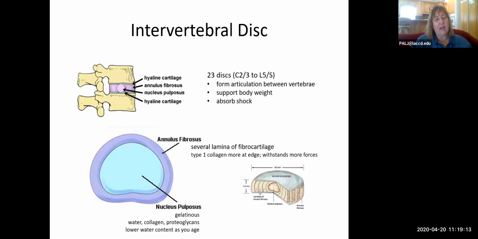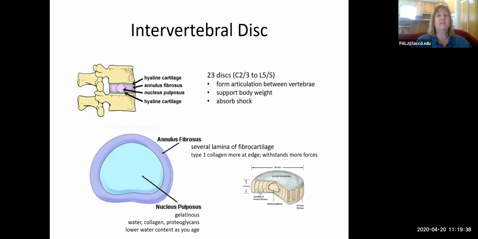So here is a side view showing each vertebra has a little piece of hyaline cartilage, and then we have this intervertebral disc with its two parts, and then you're at the next vertebra, which has its own hyaline cartilage, because as you recall, every articulation, the bones are going to have hyaline cartilage. So the intervertebral disc, even though it's fibrocartilage, is not replacing the articular cartilage.